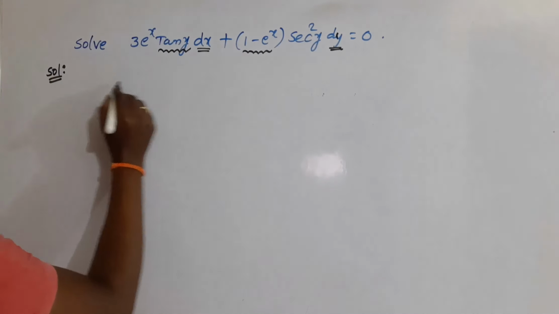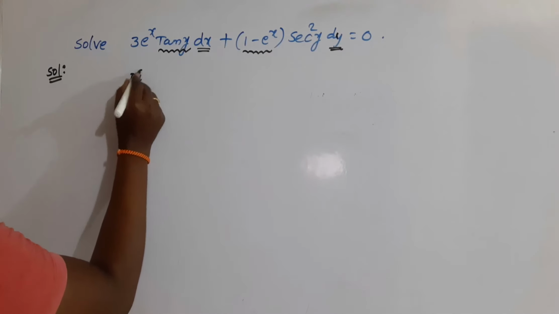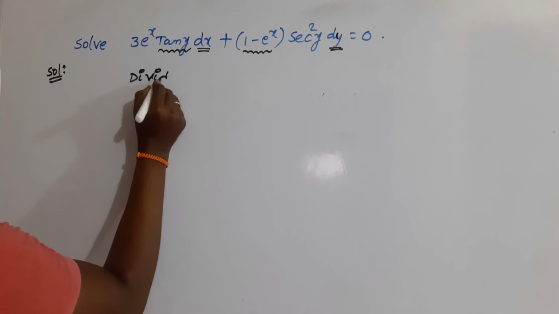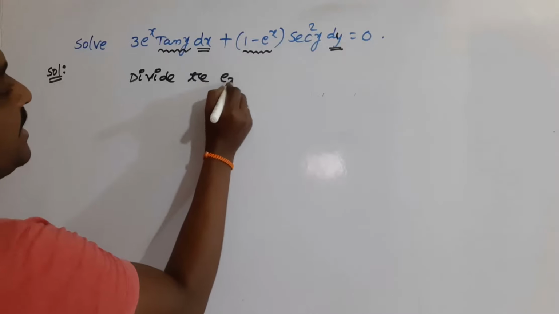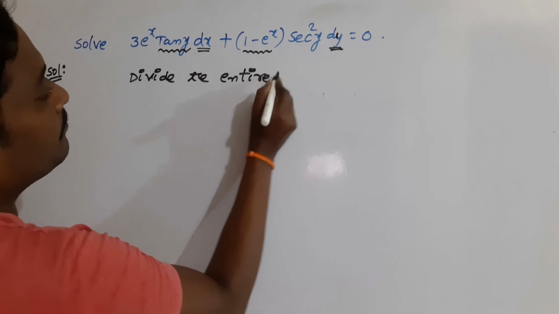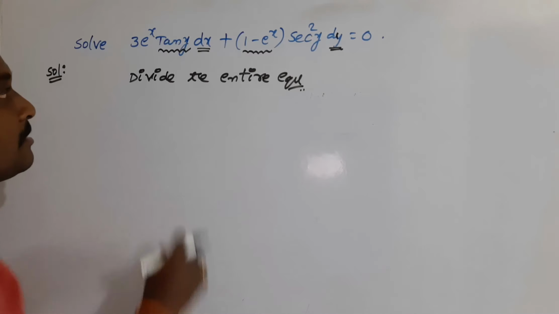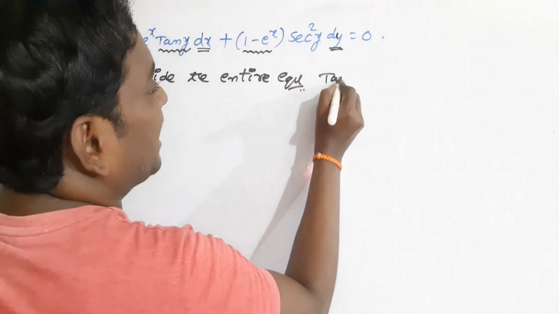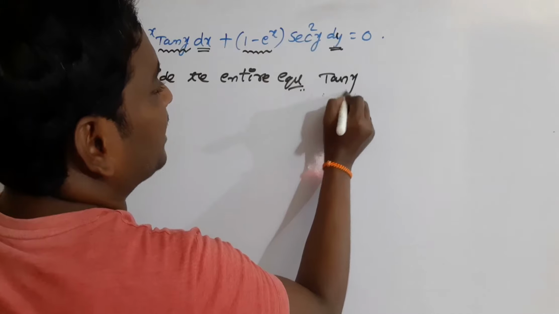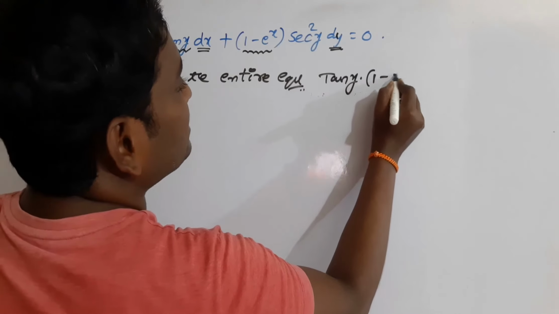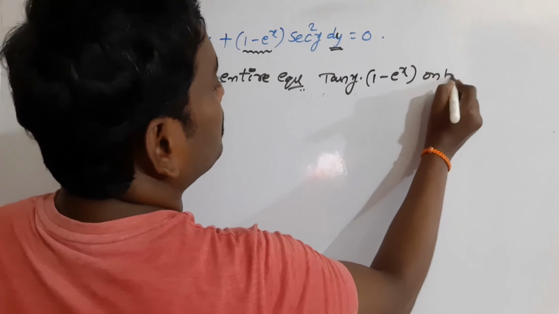That's why I will divide the entire equation with the product of unwanted terms. So which is tan y into 1 minus e power x on both sides.